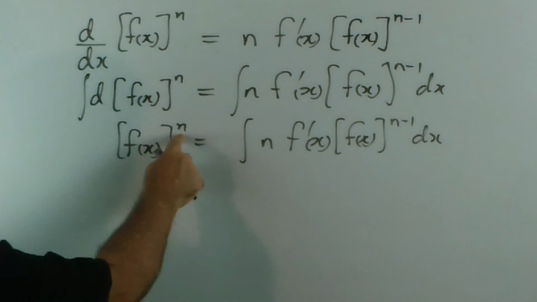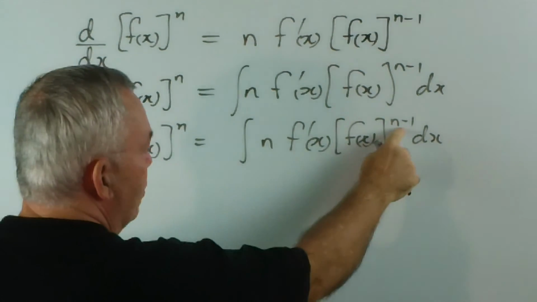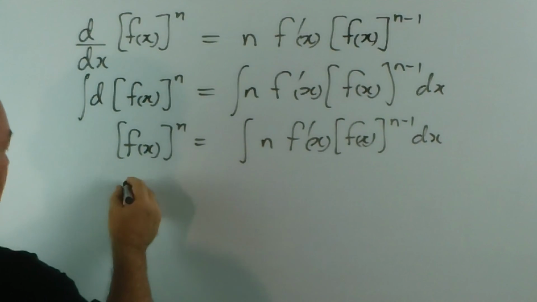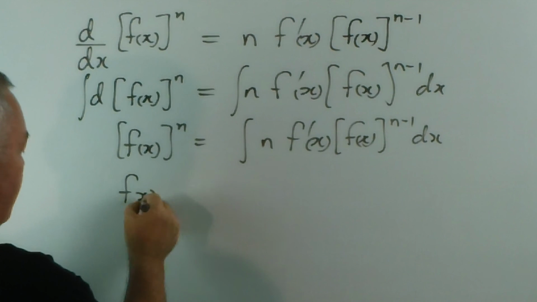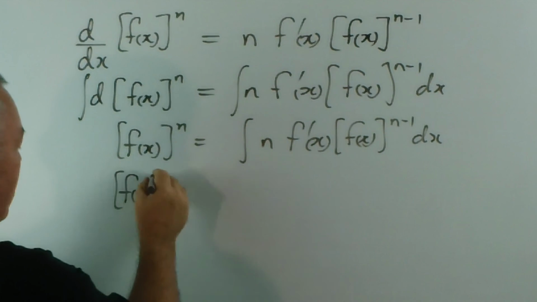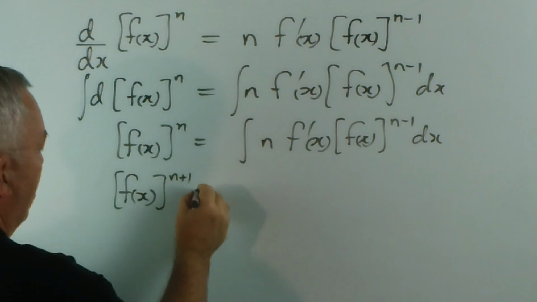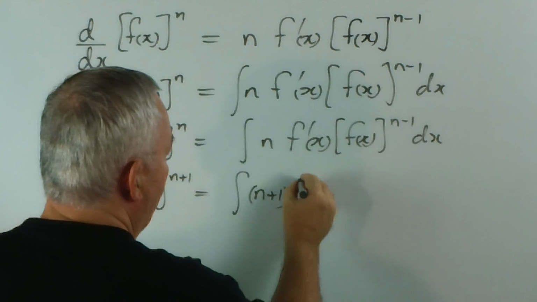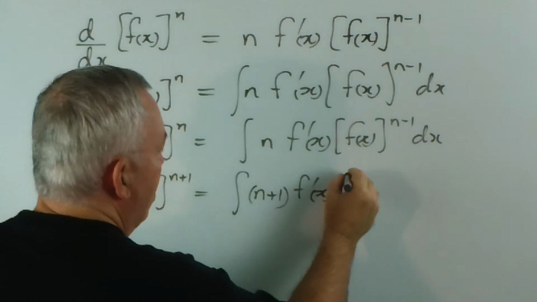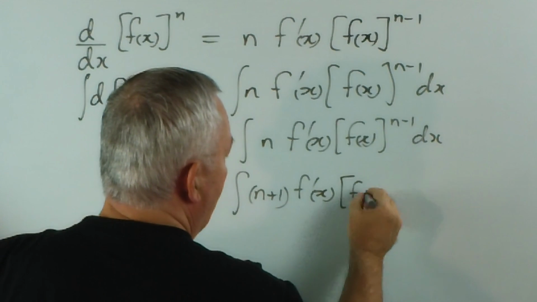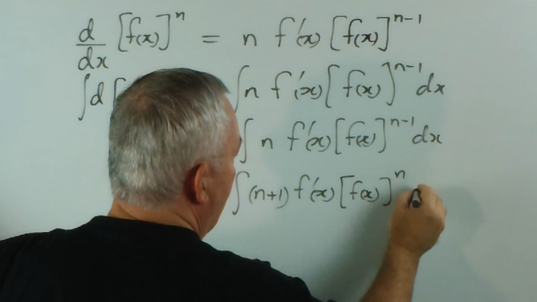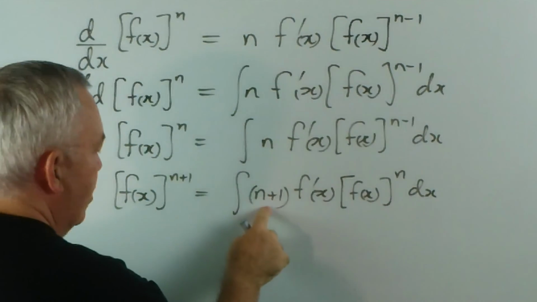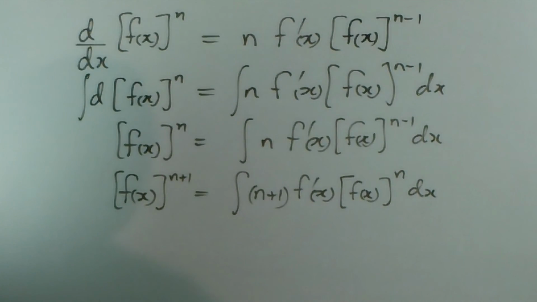For this method, we increase the value of n wherever it appears by 1, which makes it still follow the same pattern. So this has been increased by 1, this has been increased by 1, and that's been increased by 1.